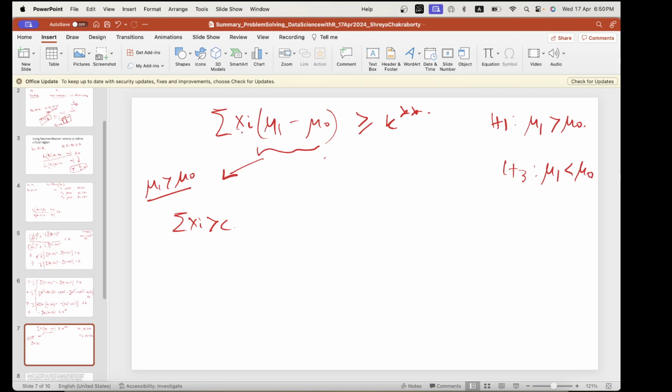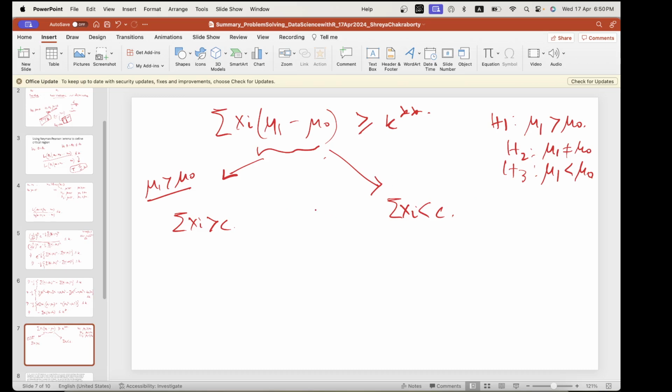So if you take summation xi as your statistic, the sign will be reversed. You would have summation xi less than c. Okay, and H2 is mu1 not equal to mu naught. It could be either of the situations, that would imply either summation xi is greater than some c, or summation xi is less than some c prime. Okay, either or.